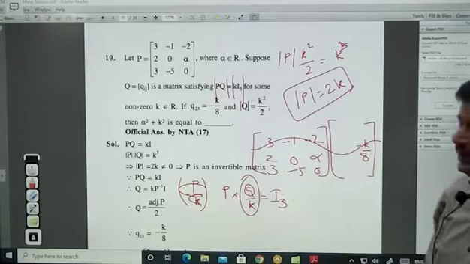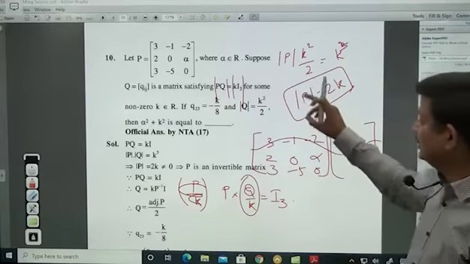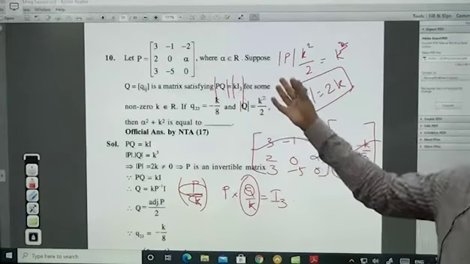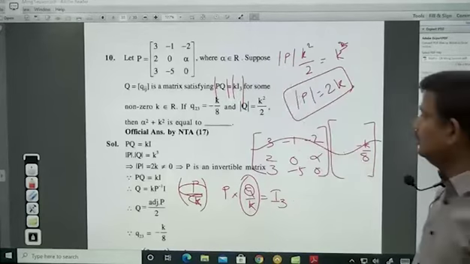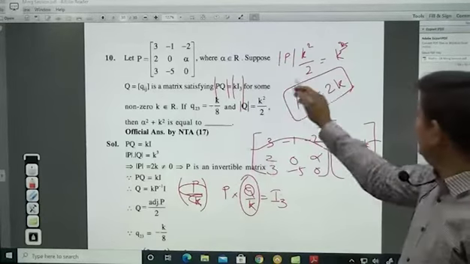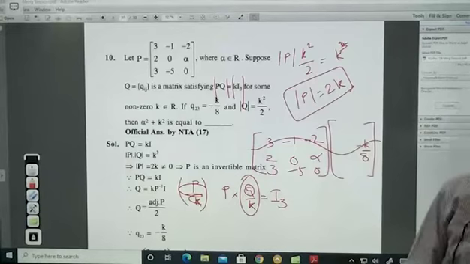How will you find the inverse of P? You know the method. Find the adjoint, then divide by det P. Det P we already know is 2k.